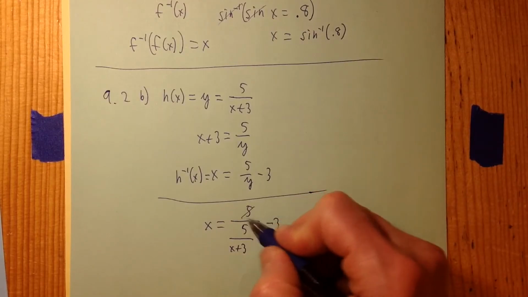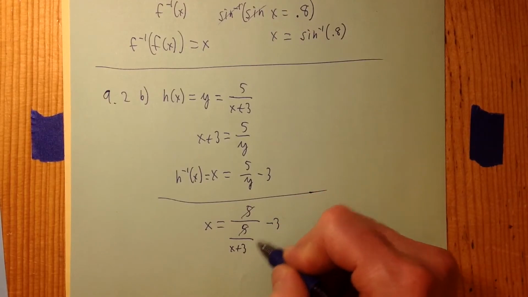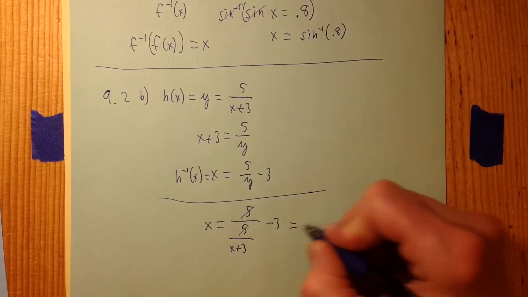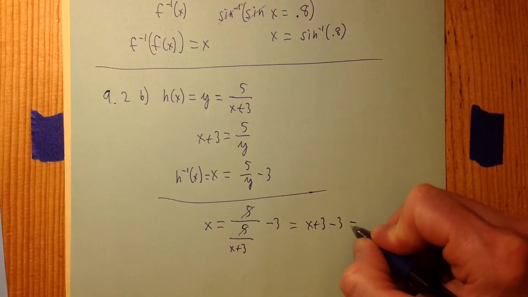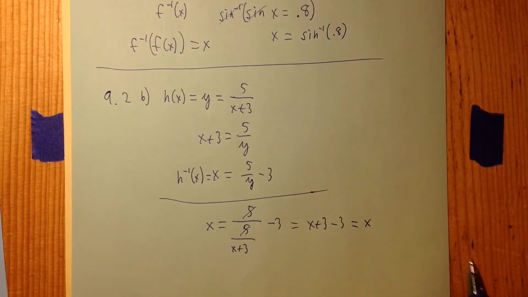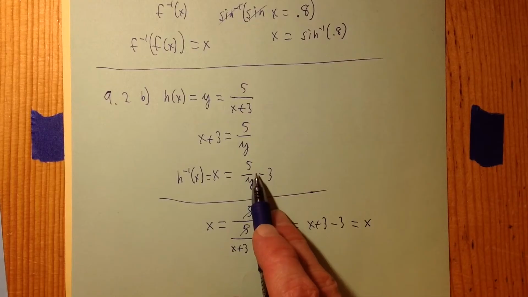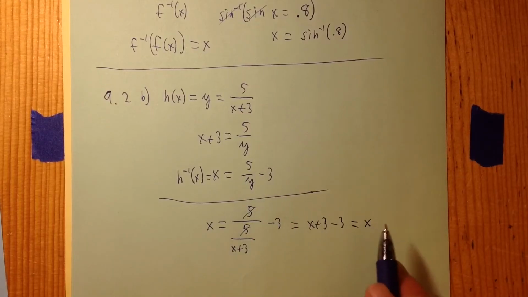Now 5 over 5 cancels, and the x plus 3 in the bottom of the bottom is like x plus 3 in the top. So that's equal to x plus 3 minus 3, and sure enough, we just get x back. So the inverse function of the function gets x back. Okay, that's the idea.